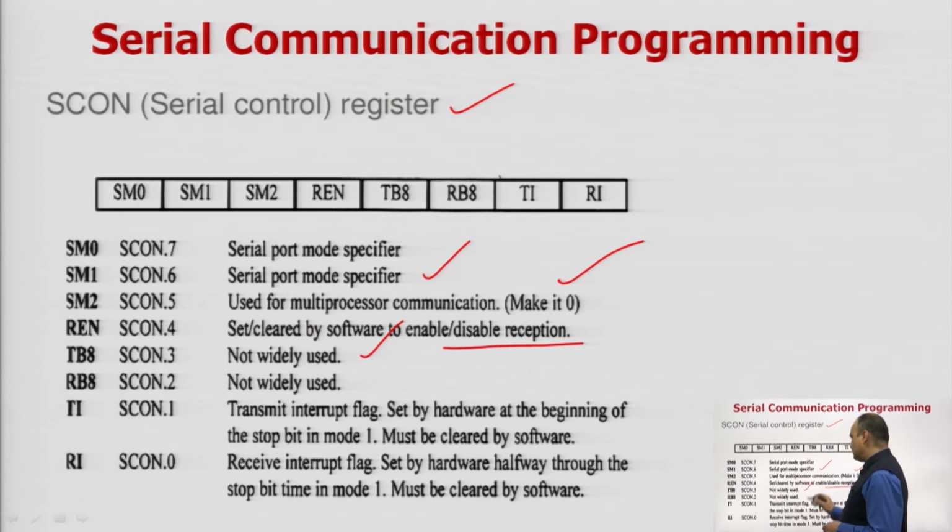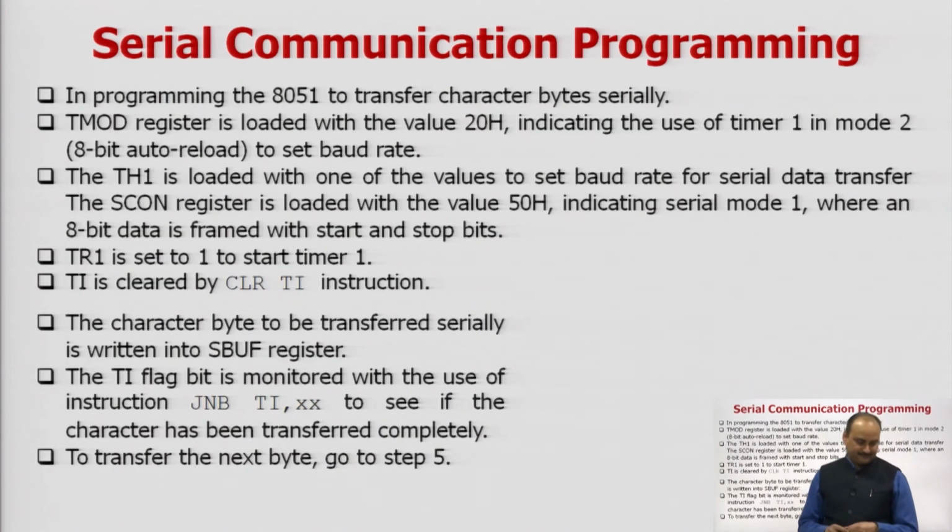The remaining bits are not widely used. TI is the transmit interrupt flag, and RI is the receive interrupt flag. This is the physical structure of the SCON register, a special function register of the 8051 microcontroller.